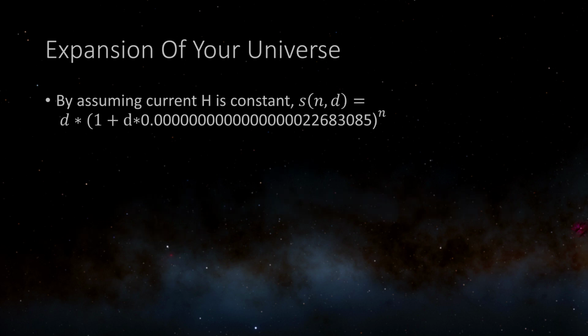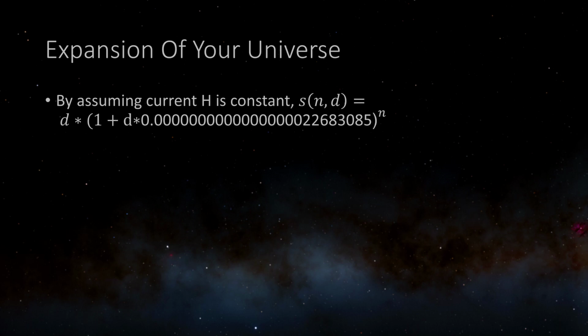So by taking the current value for h and assuming that it is constant, we can make this function s(n, d), where n is the iteration and d is the distance. Obviously this size is different for different distances in the universe.